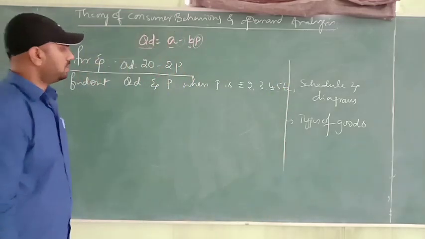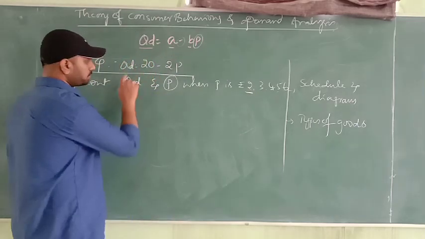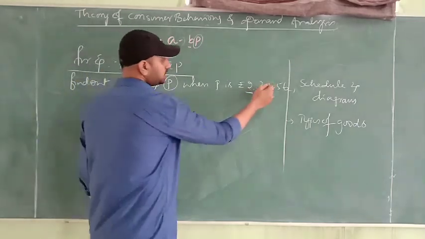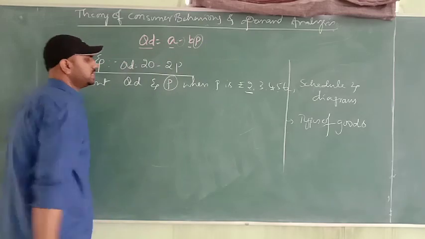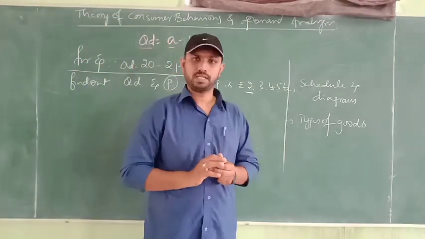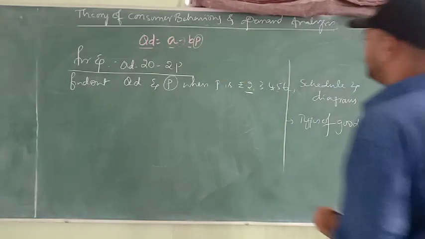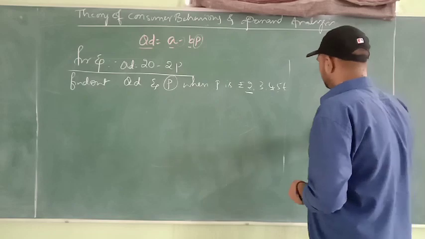Okay. If the price is rupees 2, what will be the effect on QD? Likewise, if the price increases, what will be the effect on the quantity demanded? That we need to show with the schedule and the diagram. Okay. So we will discuss by taking this as an example.